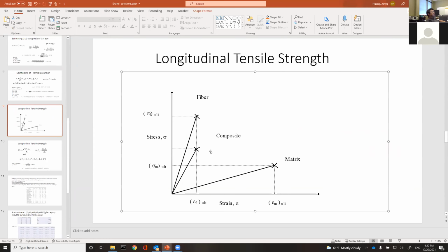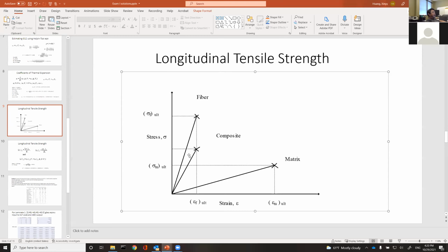This is the rationale. The composite will break at the same strain as the fiber. Fiber has a fracture strain. When you stretch fiber to a certain strain, maybe a few percent, 1% or 0.5%, it breaks.